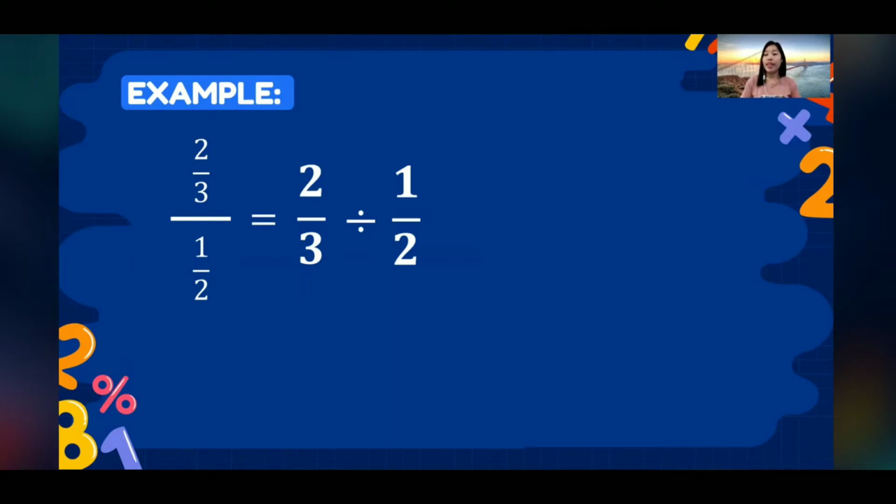We will use the 3 steps before multiplying it. Keep, change, flip. So we will keep the first fraction, which is 2/3. And then we will change the division symbol to multiplication symbol, flip the 1/2, and this one will be 2/1. Let us multiply.